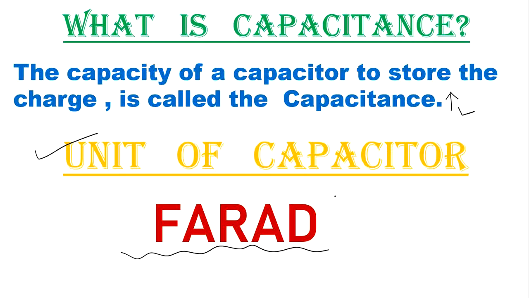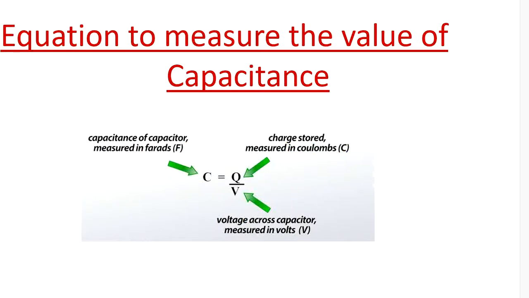In general, we use smaller units like microfarad, picofarad, millifarad, etc. The value of capacitance can be measured by this simple equation: C equals Q by V, where C indicates the capacitance of the capacitor measured in farad, Q indicates the charge stored within the capacitor which is measured in coulombs, and V indicates the value of voltage across the capacitor which is measured in volts.